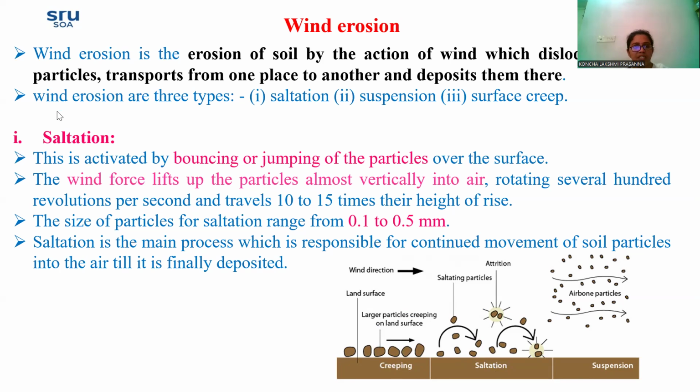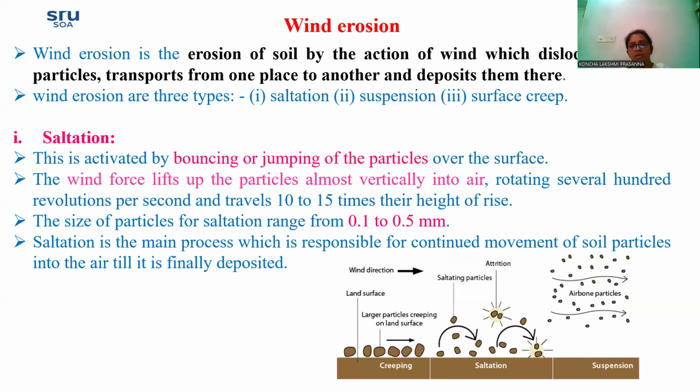First is saltation. Saltation is formed by the bouncing or jumping of particles over the surface. The bouncing or jumping of the particles takes place because of the wind force, which lifts the particles almost vertically into the air.